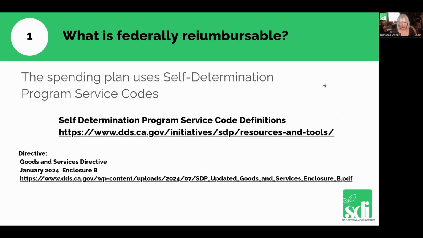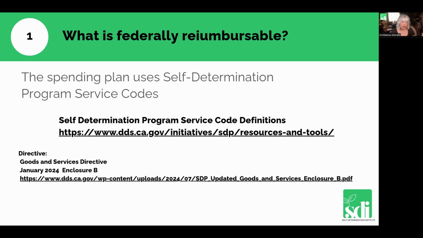Federally reimbursable is a very complicated way of saying it's on that list of self-determination program service code definitions. This makes sense, right? It has to be on the things that are available and offered in self-determination program. There's two places that I go to look when I want to know if it's okay to do in self-determination program.